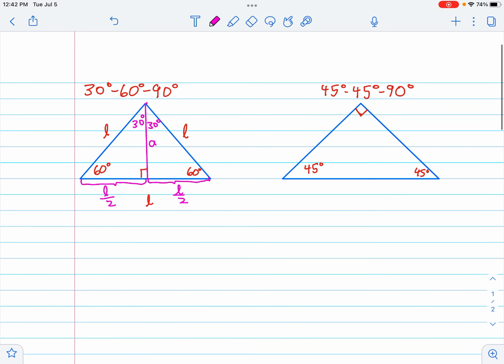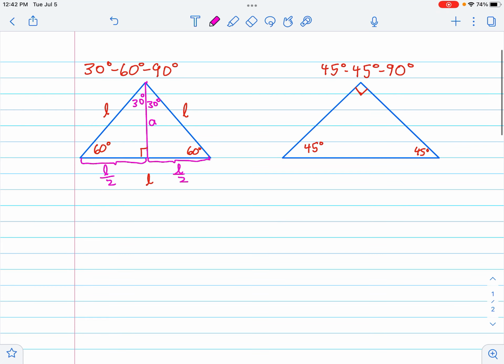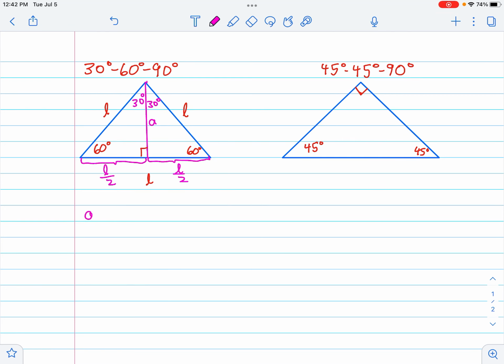Now, let's work through this and use the Pythagorean Theorem. I know that this side squared plus this side squared equals this side squared.